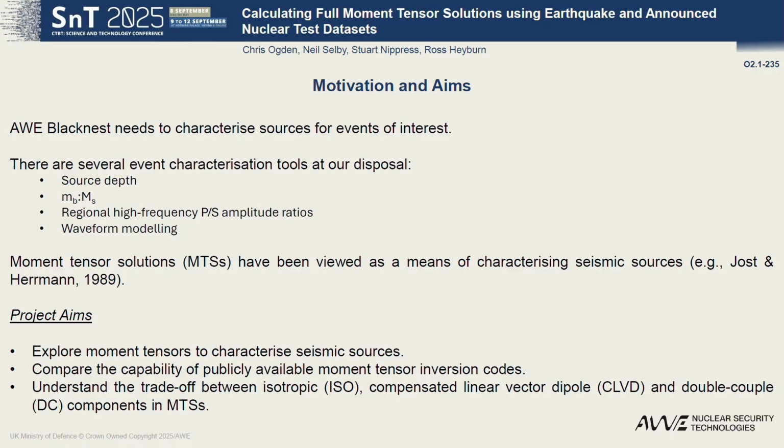Moment tensor solutions have long been proposed as a method to characterize these sources. There are plenty of examples of this in the literature over the last 20, 30, 40 years.